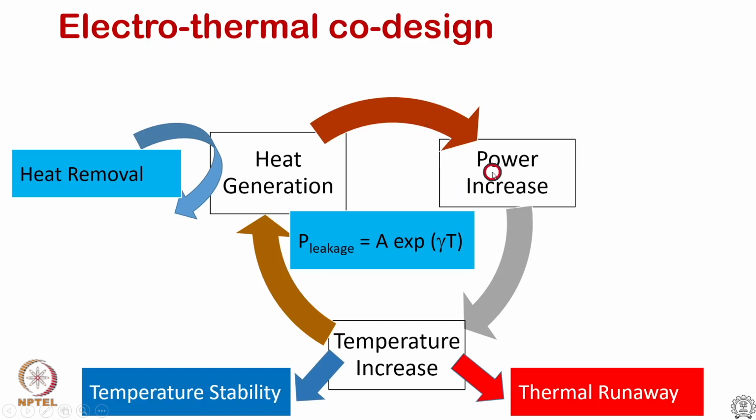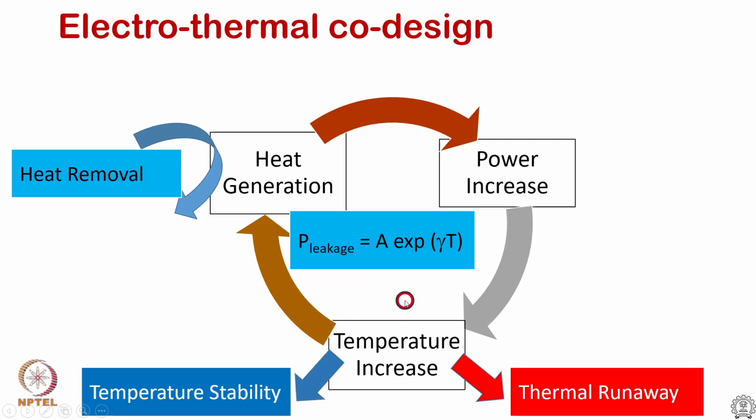As the temperature rises, power increases because leakage power increases, and as the power increases, temperature increases. Again, the temperature increase causes increased heat generation. So, this vicious cycle continues unless certain software and circuit level interventions are carried out.